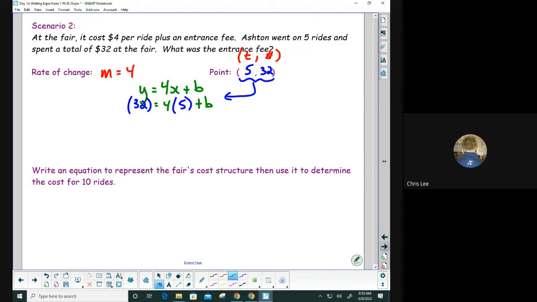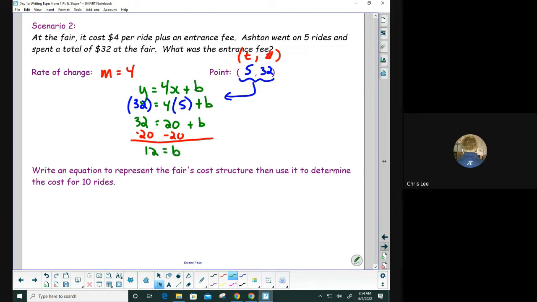Help me out here. 4 times 5 is 20. How do I get b by itself? What do I got to get rid of? I got to take away the 20. 32 minus 20.